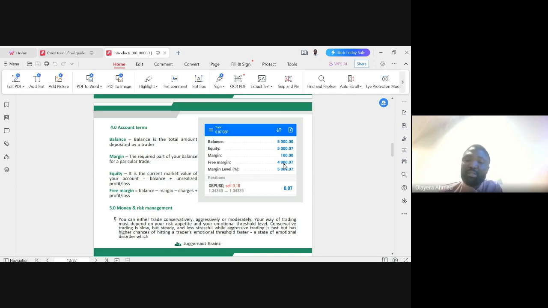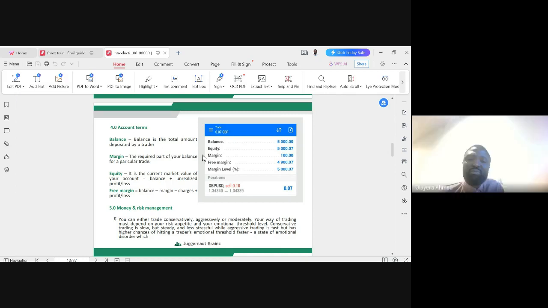Do you understand what I'm saying? Whether it's a loss or a profit, that will reflect on the account when you close it. If you're in profit, it reflects on the account. If you're in a loss, it reflects on the account. That's that.